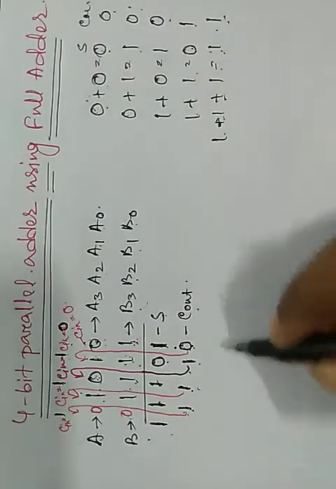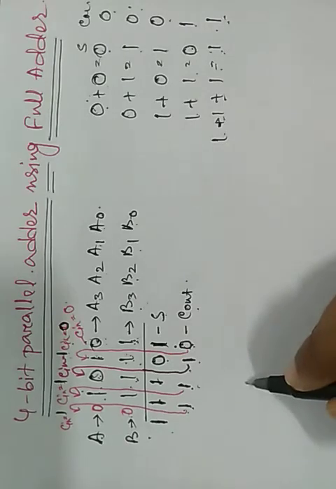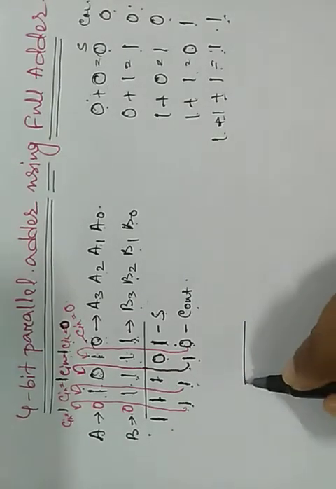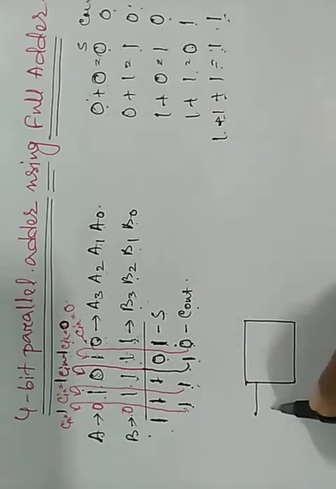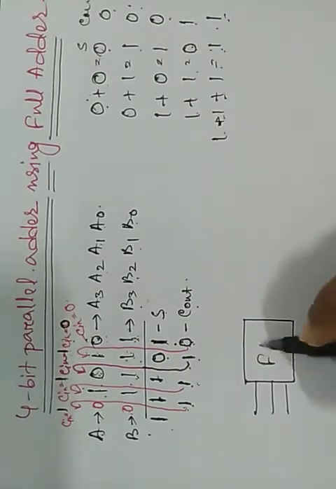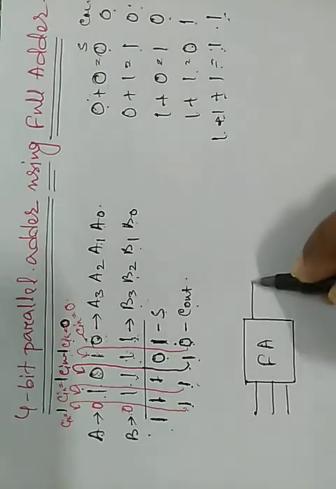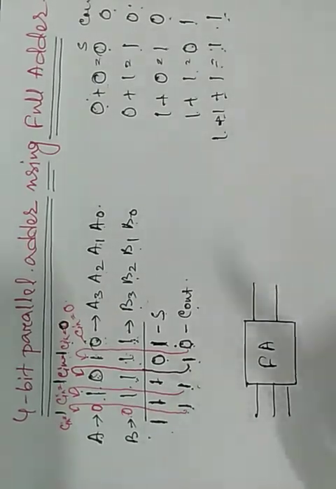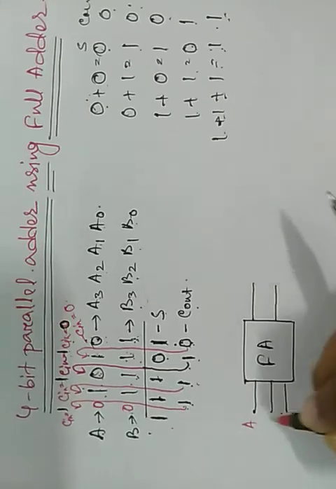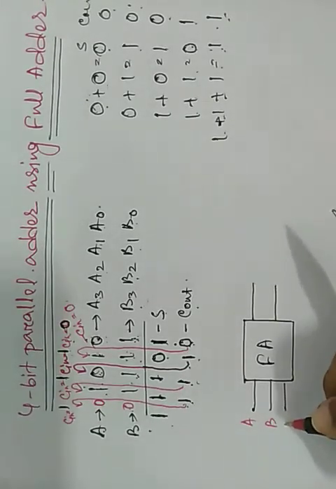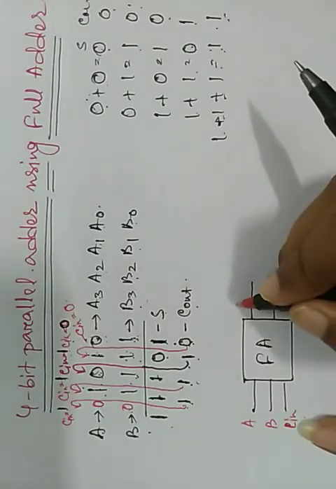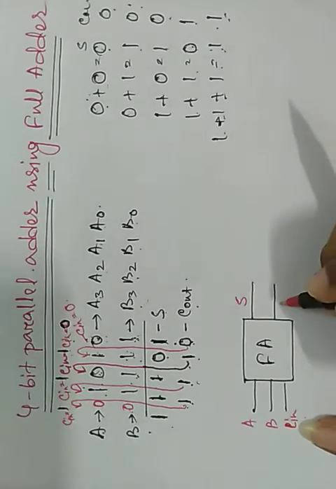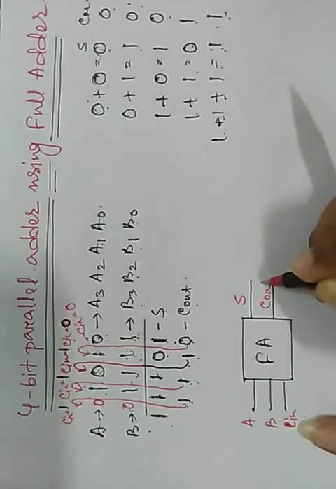We know our full adder construction: the inputs are A, B, Cin, 3 input lines, and 2 output lines, one is sum and another is carry out.